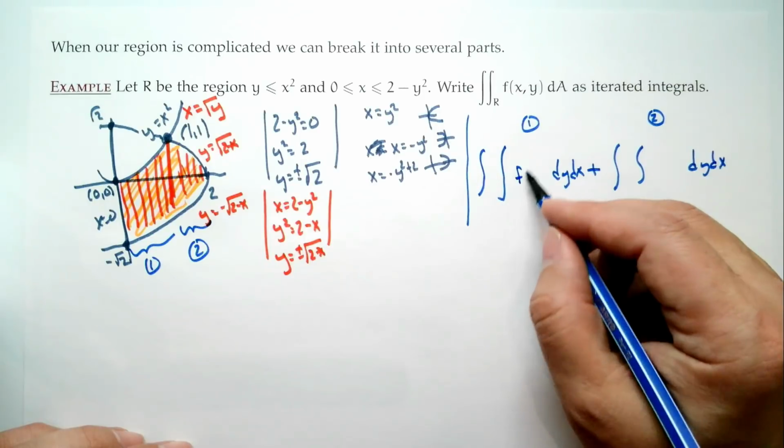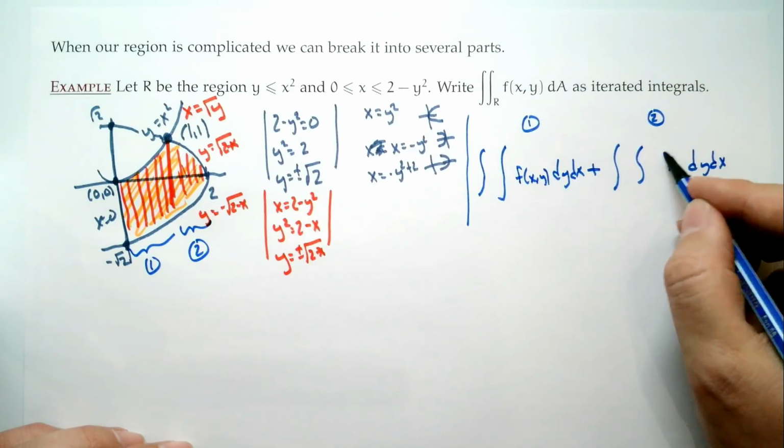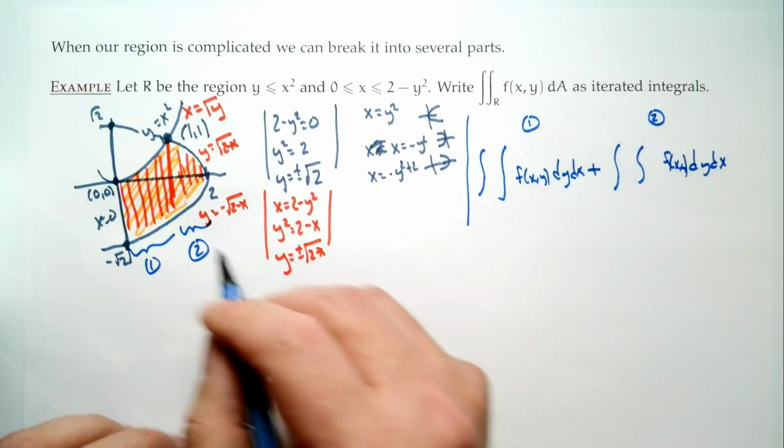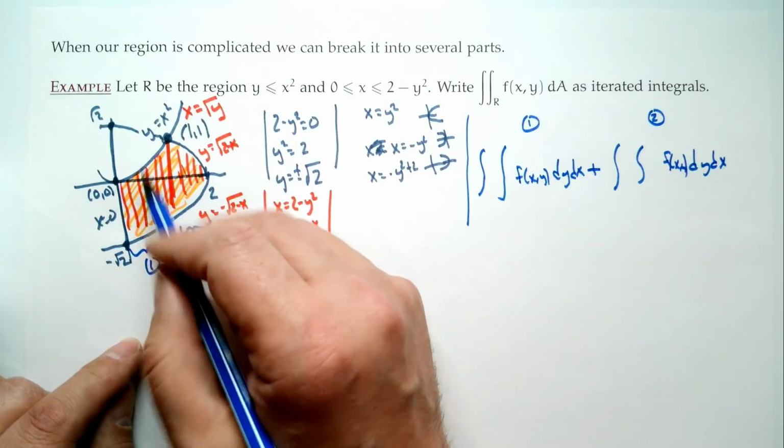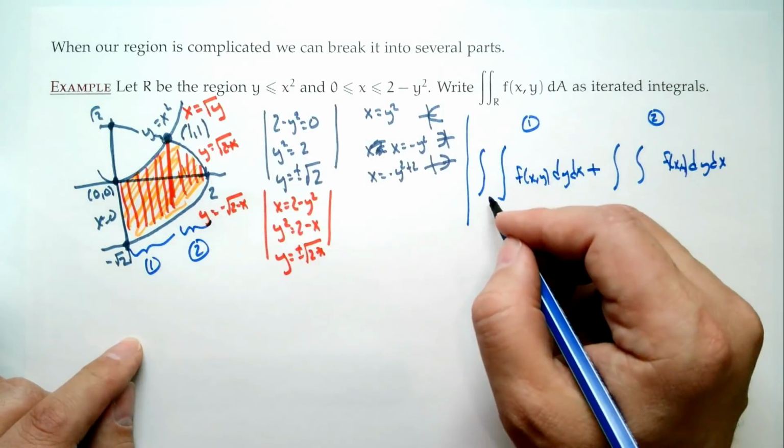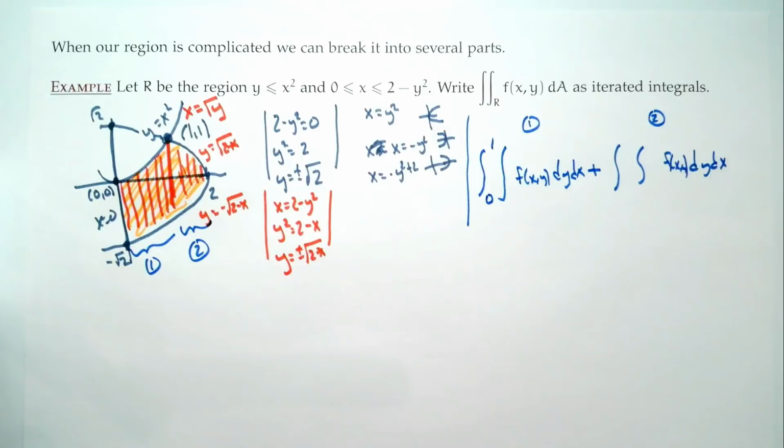Where do we start slicing? 0. Where do we stop? 1. Because between 0 and 1, we have consistently the same curve on the bottom and the same curve on the top. As long as we have that consistency, we can go all the way.